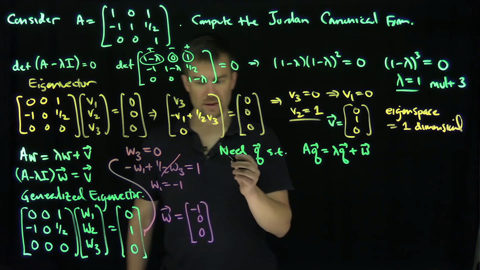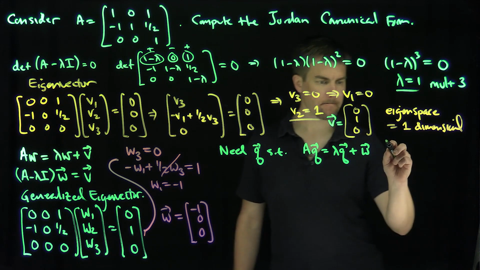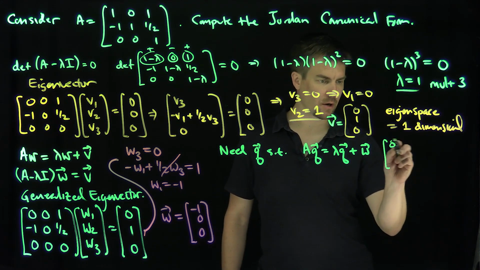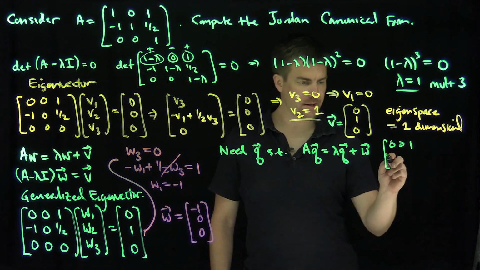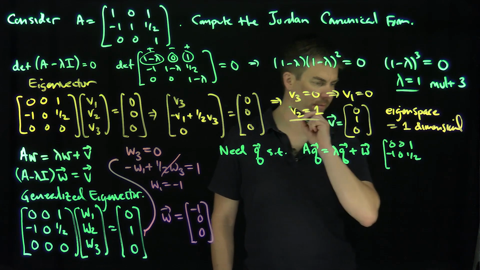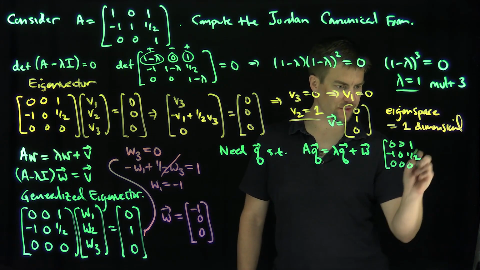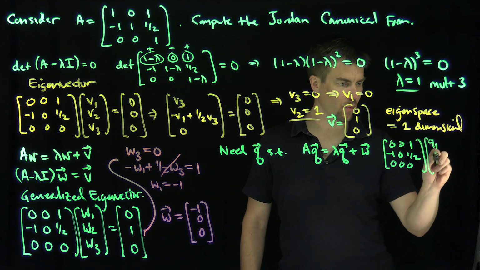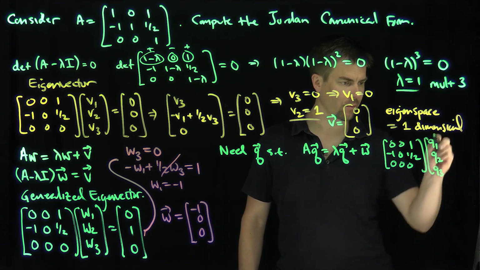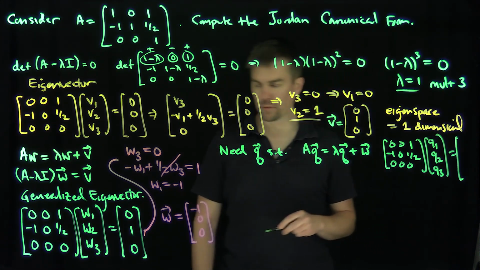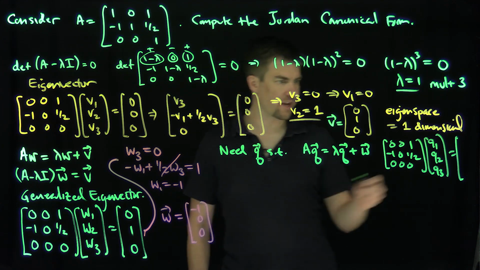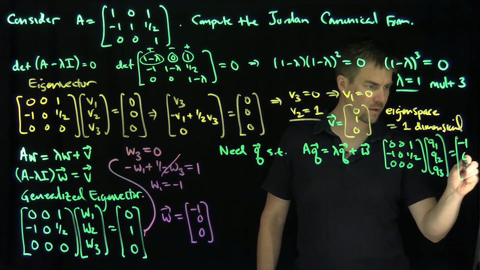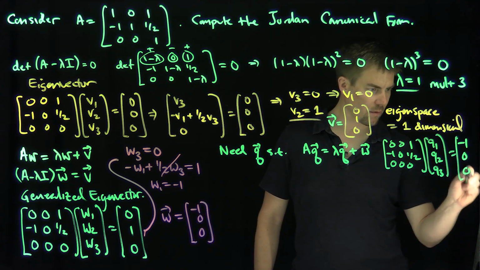It tells me that the matrix 0, 0, 1, then negative 1, 0, 1/2, then 0, 0, 0, applied to Q1, Q2, Q3 has to be equal to W. And what's W? W is negative 1, 0, 0.